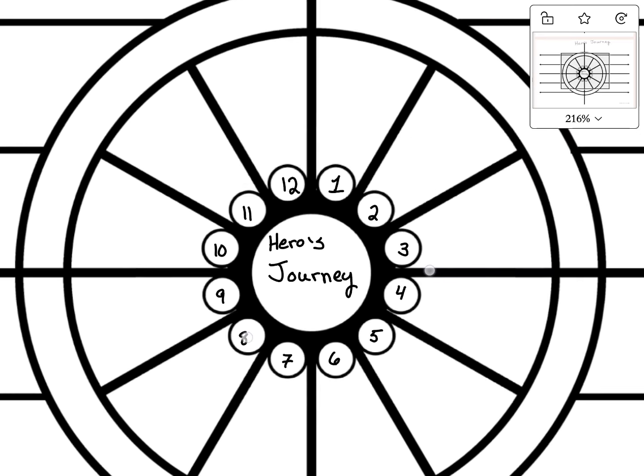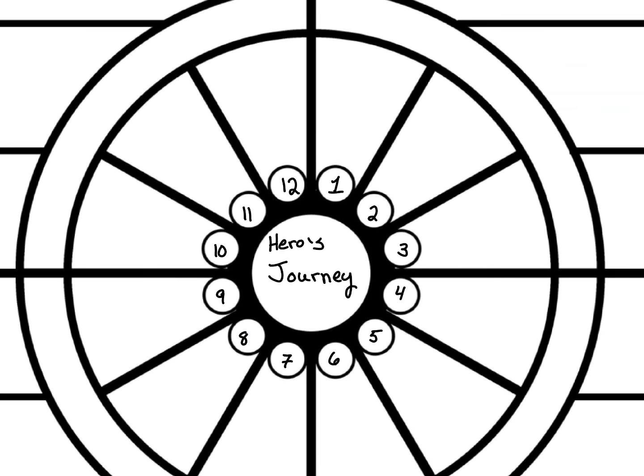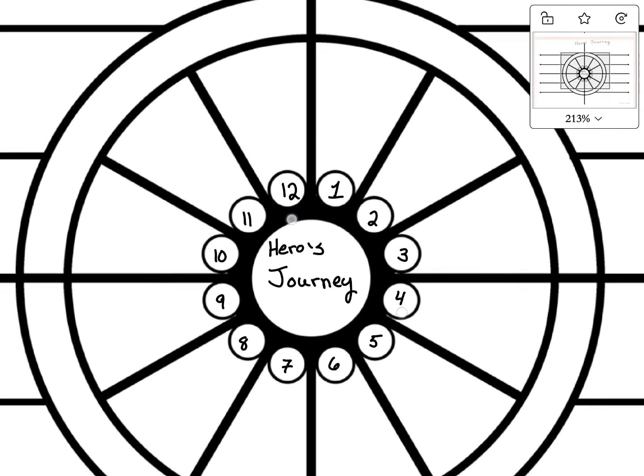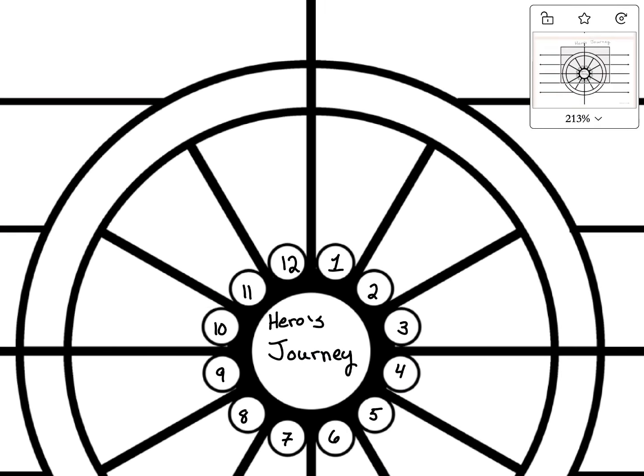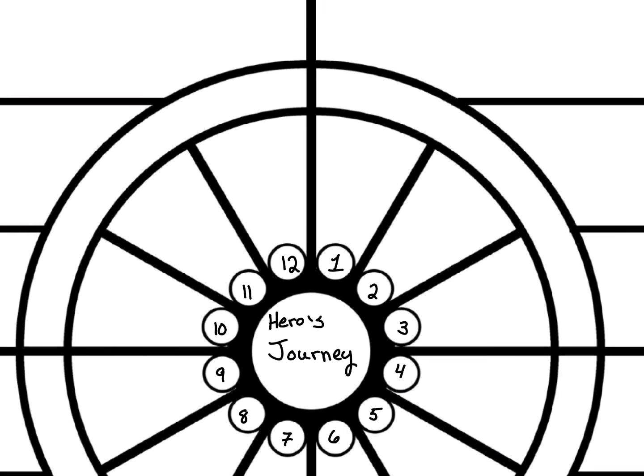And we're going to start at the very beginning with number 1. This section that will take us numbers 1 through 3 is called part 1. It's the first quarter of our circle. It is part 1, and it is called the call to adventure. And we'll talk about what that means in just a moment.